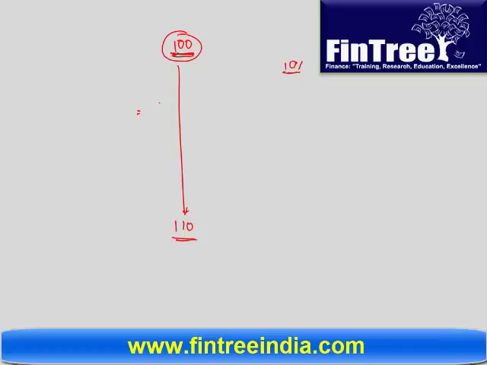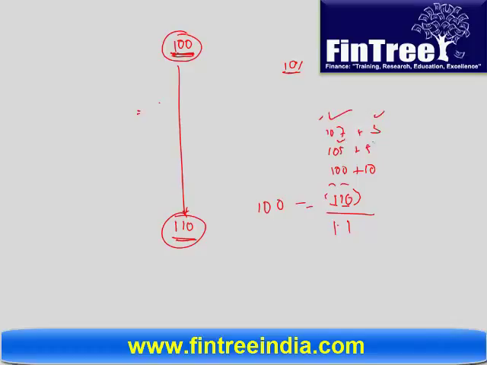Now how do you get that wealth? It's your problem. So 100 is equal to 110 divided by 1.1. Is this correct? It does not matter how you write this 110. You can say 100 plus 10, or 105 plus 5, or 107 plus 3. So 7 is capital appreciation, 3 is dividend. 5 is capital appreciation, 5 is dividend. No capital appreciation, 10 is dividend.